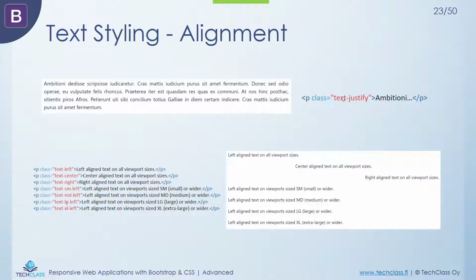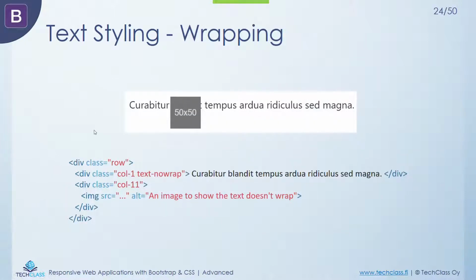About alignment, when you want to justify a paragraph, it's nice to use this class, and we also have different classes, as you can see here, with different impacts. And for wrapping an element in the middle of text, you can always do this. There are specific classes for wrapping.